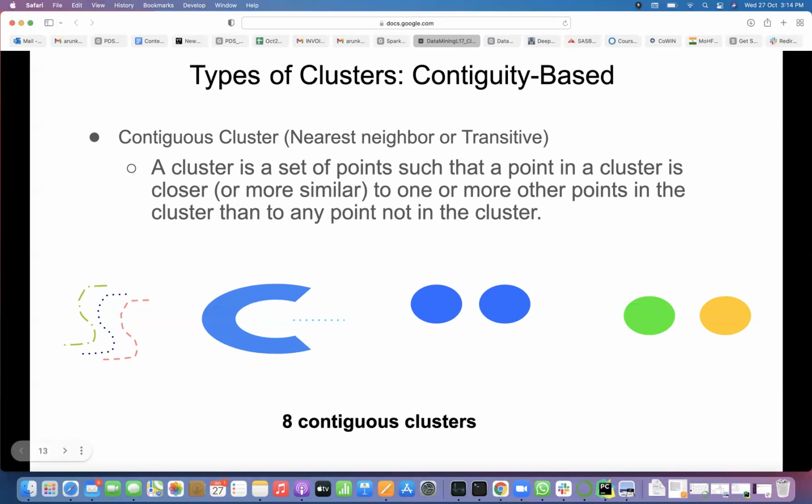Within the clustering, different clusters have different shapes. Here 8 clusters are there: 3, 4, 5, 6, 7, 8. Four are of some oval shape but the remaining are different shapes.